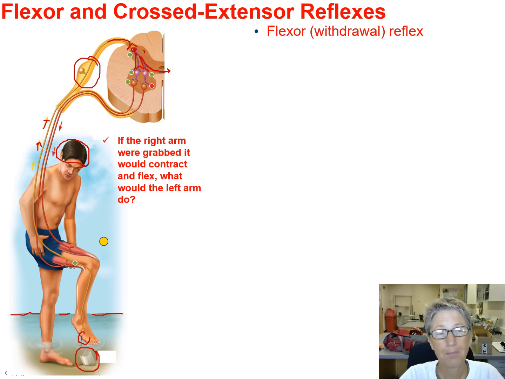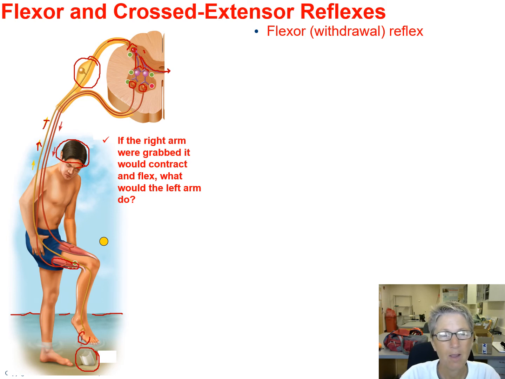But initially, the information about your cut foot comes in, and then here's two motor neurons that go out. So the quadriceps muscle, let's see, what does it do? Let's follow the neuron. So if you want to flex your knee to pull your foot away from the glass, that means the hamstring has to contract.